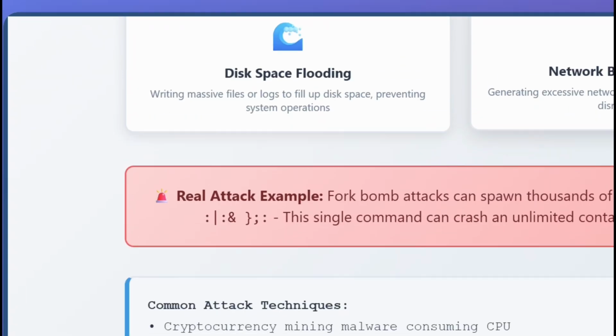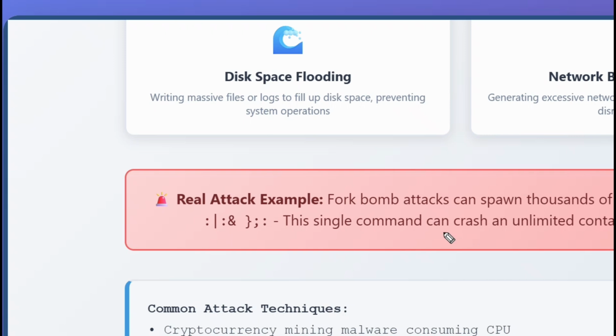Okay, and here one point was one of the real world examples. One of the famous ones you may have heard of is the fork bomb. So this particular tiny shell command, whatever you are seeing with these different characters, what exactly it does is it has the capability to spawn thousands of processes in a second.